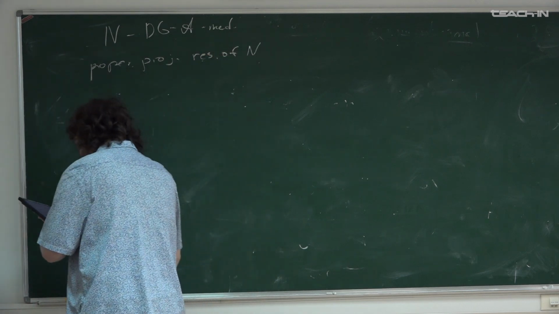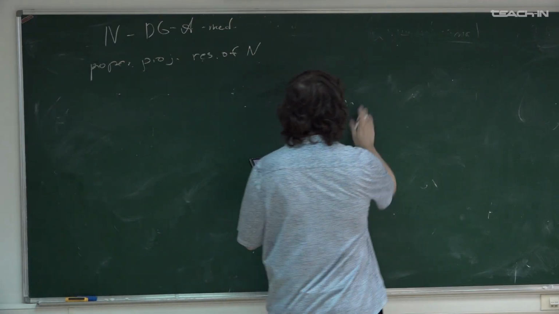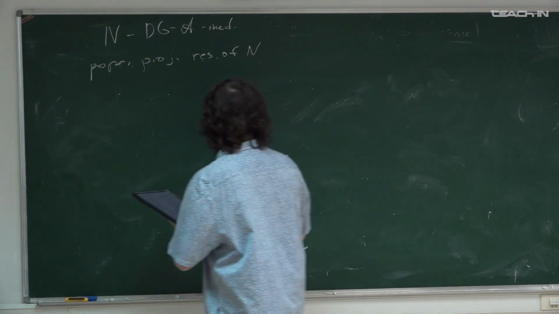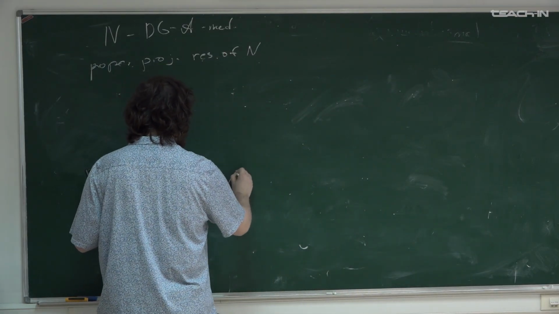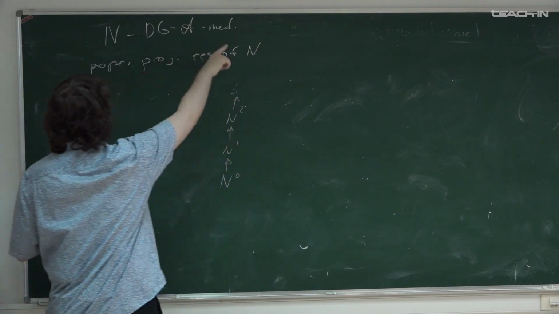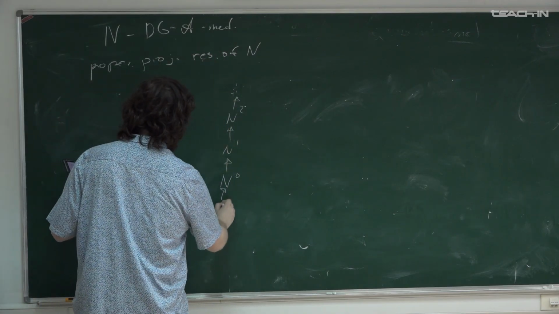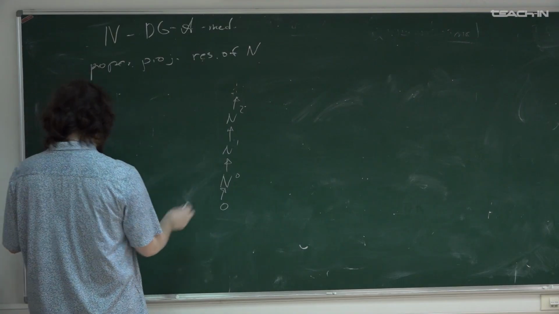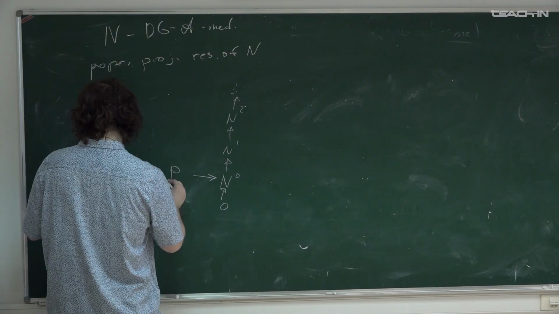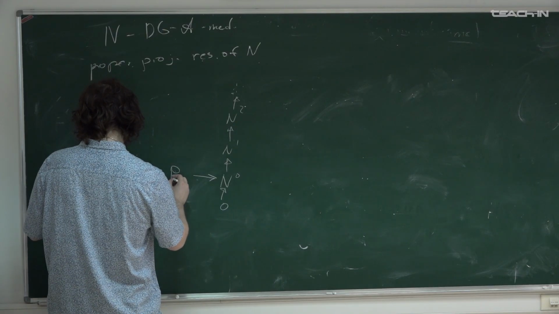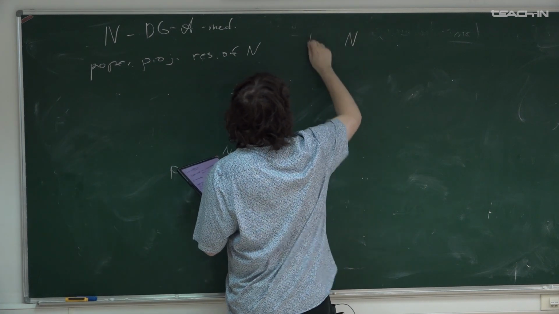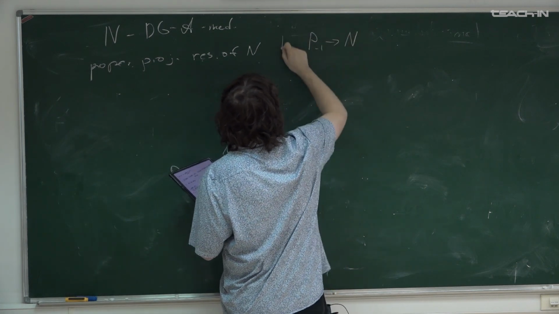Now let me write this down like this. I have N, and 0, 1, 2 and so on. It's my differential graded A module with differential, and I consider resolutions. I have P: N, P minus 1, P minus 2.